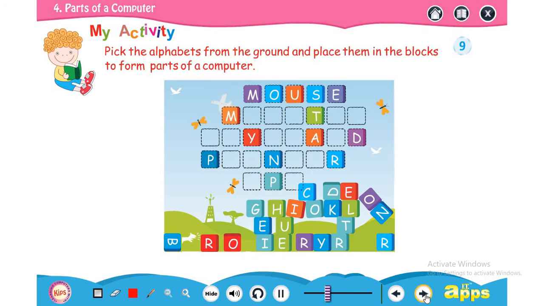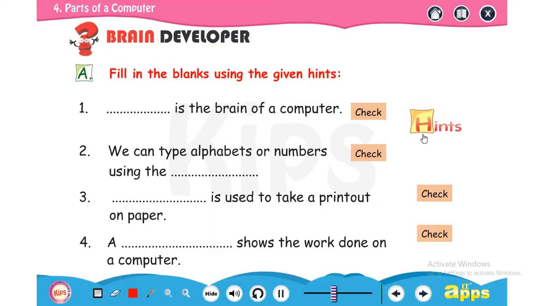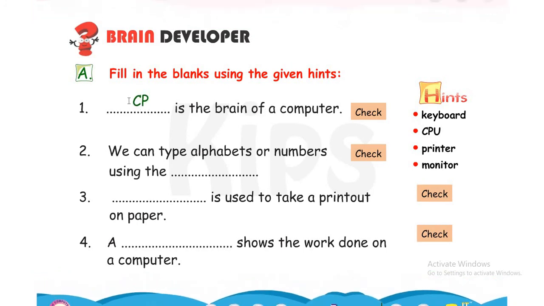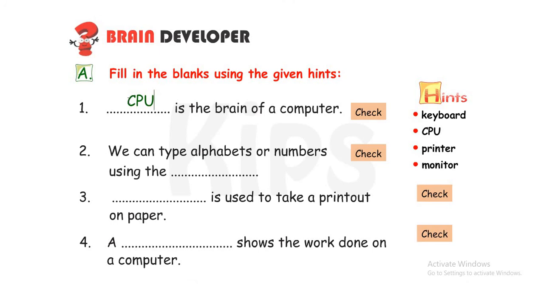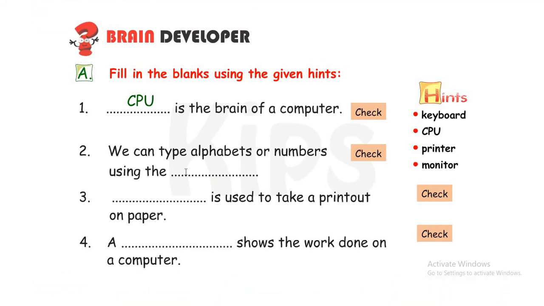Okay, do this activity: Fill in the blanks using the given hints. Now first fill in the blank. Dash is called the brain of a computer. All of you know CPU is called the brain of a computer. CPU means central processing unit. Next, we can type alphabets or numbers using the keyboard.